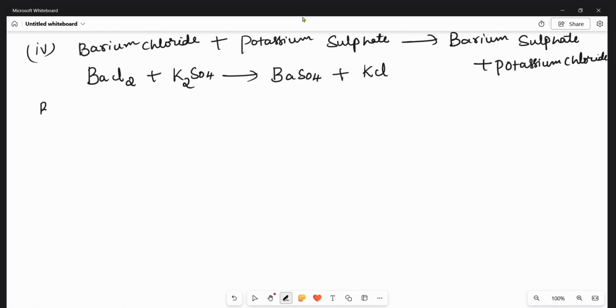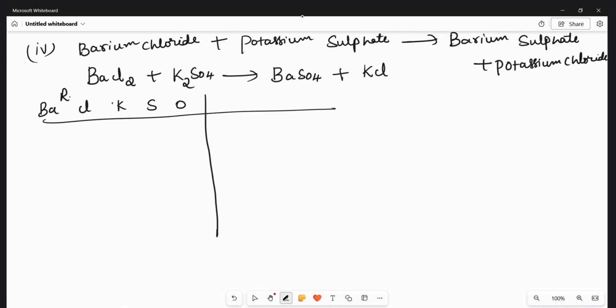So how to balance? Barium, chlorine, potassium, sulfur, oxygen. This is the reactant, and in the product also we have barium. You should have the same elements, right? Reactant side: barium 1, chlorine 2, potassium 2, sulfur 1, oxygen 4.